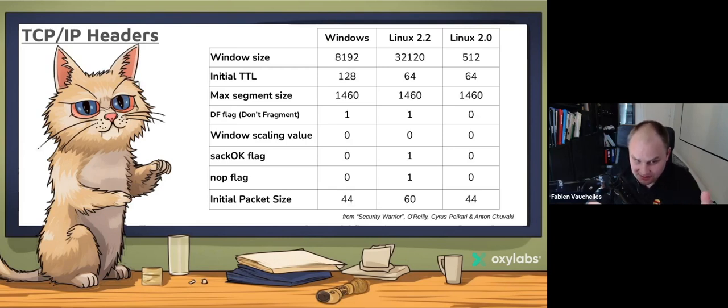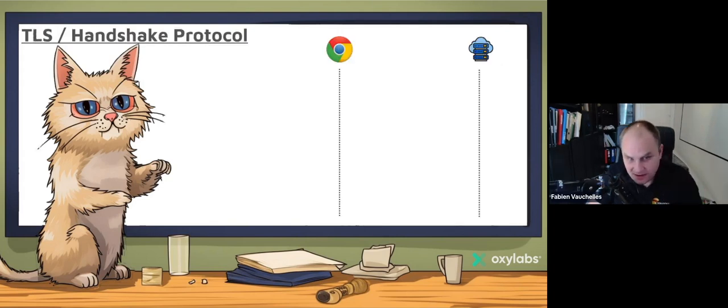But in practice, the implementation often varies not only from one operating system to another, but even between different versions of the same operating system. And by examining the TCP headers, it is possible to statistically deduce which operating system is responsible for sending the packets.